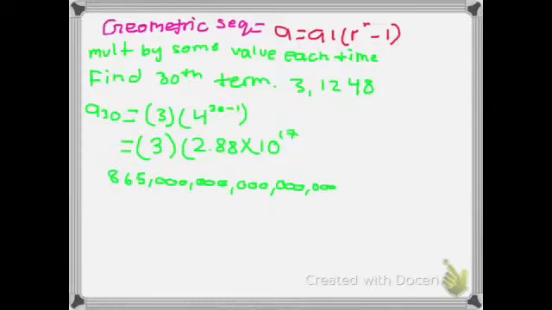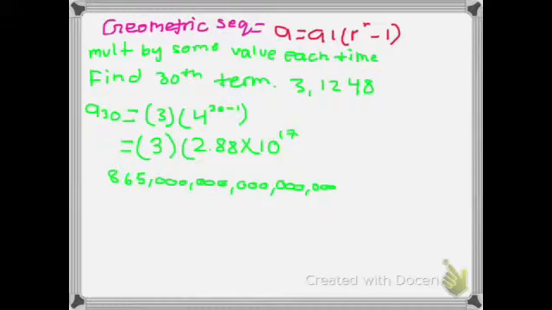In this geometric sequence, you have a_n equals a_1, parentheses r to the n power minus 1. So first you're going to multiply by the value each time. That's what usually happens in a geometric sequence. In this equation we're going to try to find the 30th term, and the leading up terms are 3, 12, and 48.